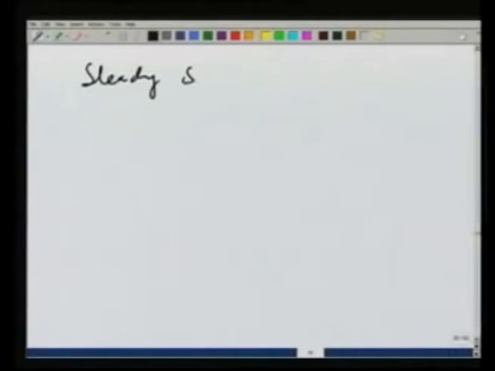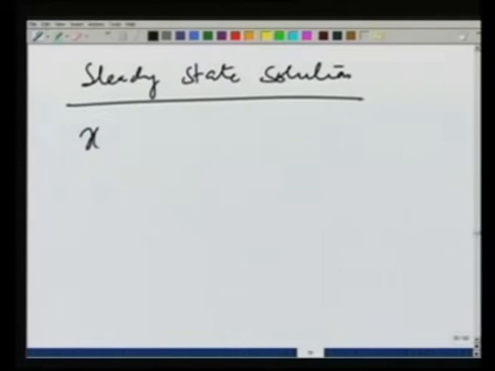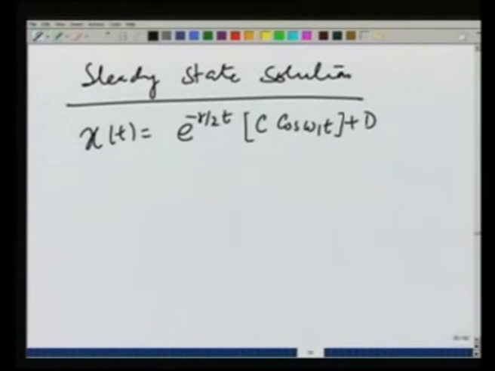So far, we have looked at steady state solution, but recall that the general solution x t is e raised to minus gamma over 2 t times c cosine of omega 1 t plus sine of omega 1 t, because it is a damped oscillator, plus x steady state.